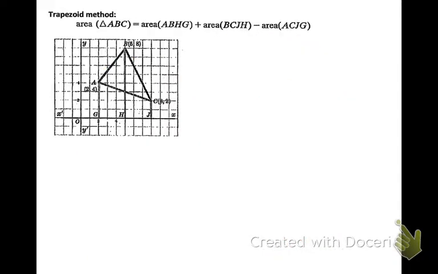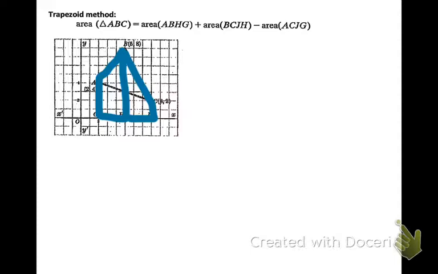Let's do the trapezoid method. With the trapezoid method, again, I take the area of trapezoid ABGH. Let's outline that in blue. We take that area, and we also take the area of BCJH.